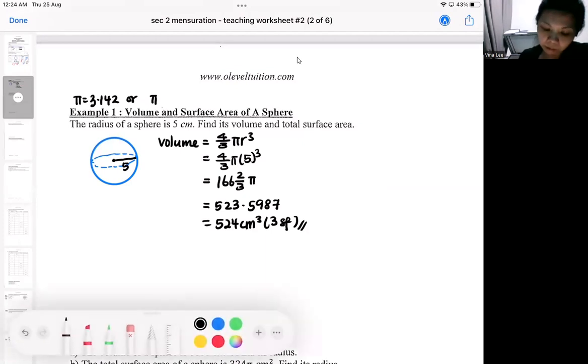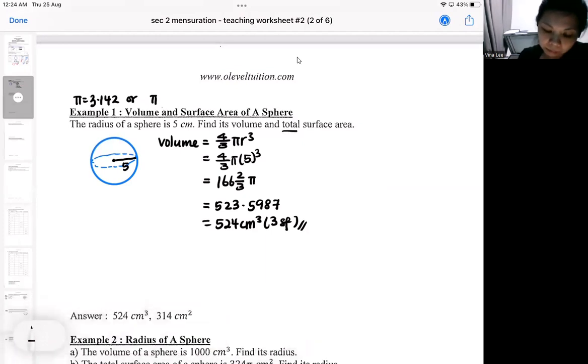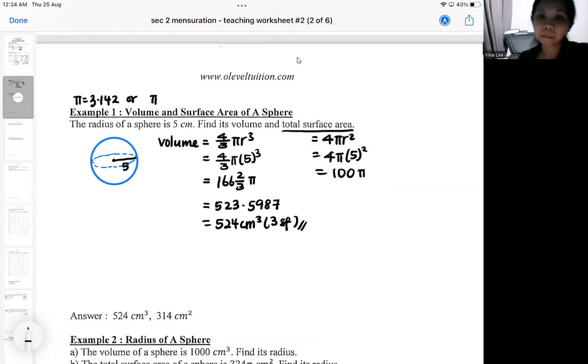For the surface area, we only have the curved part, so that is just 4 pi r squared. Again, I will put in my radius. I will punch without pi, then I will punch using the calculator pi, and then I will give it as my 3SF answer.